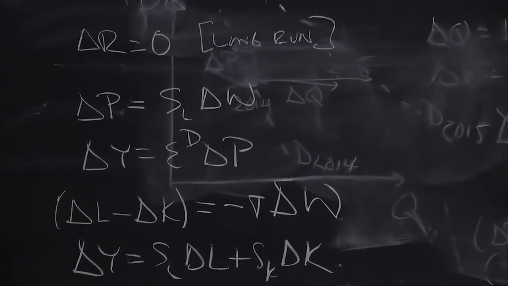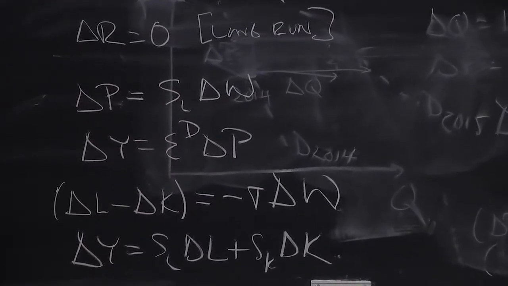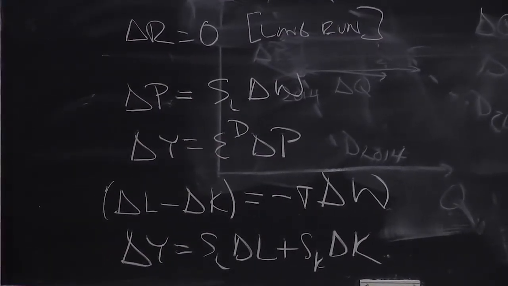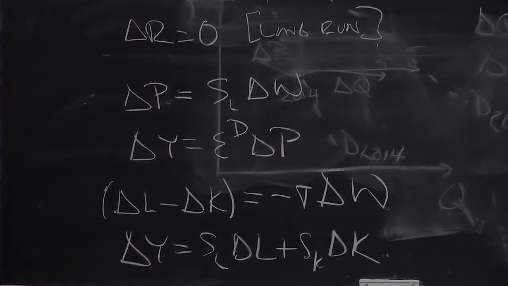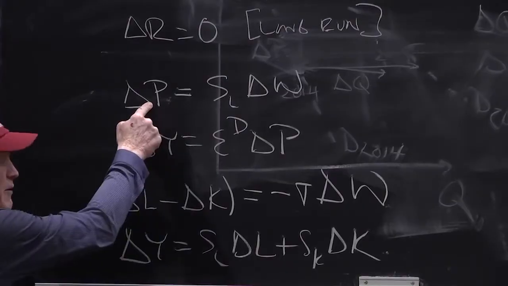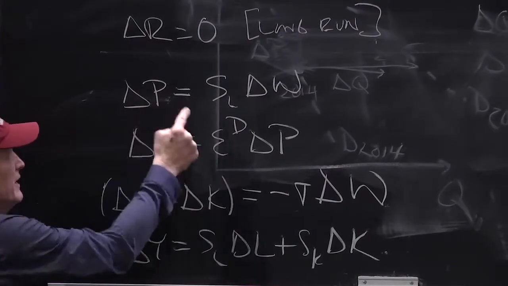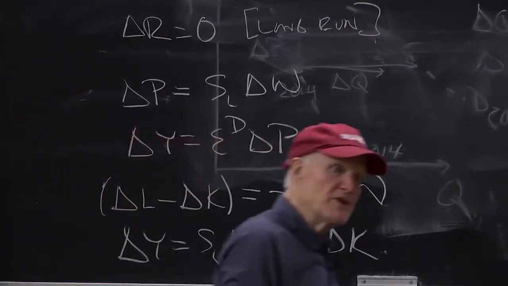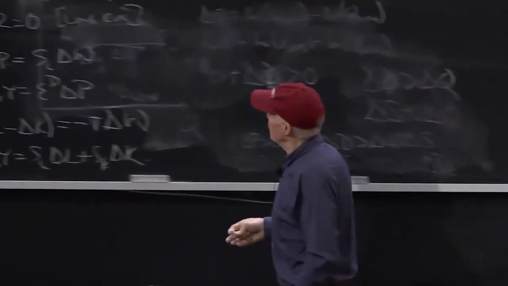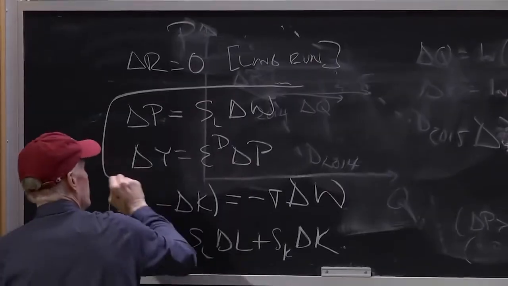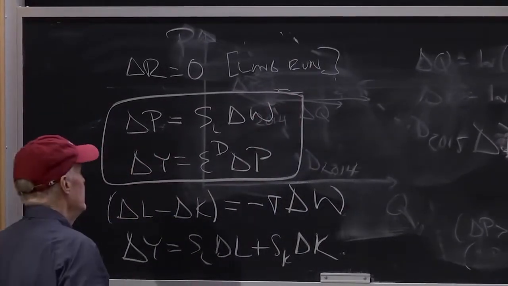How many unknowns do I have? What's going to change as I change the wage rate? Well, output price is going to change, output's going to change, and labor and capital. So I got the right number of equations and the right number of unknowns. Okay? Let's put these 2 equations together. What do we get?